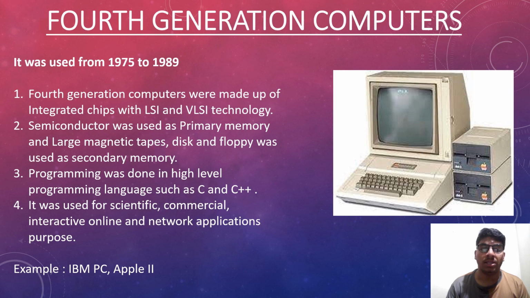Programming was done in high-level programming languages such as C and C++. It was used for both scientific and commercial, interactive online and network application purposes. Examples are IBM PC and Apple II.